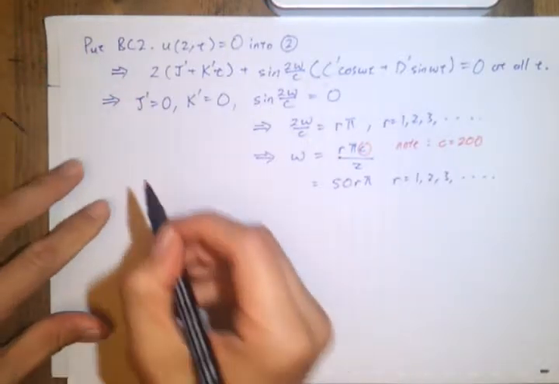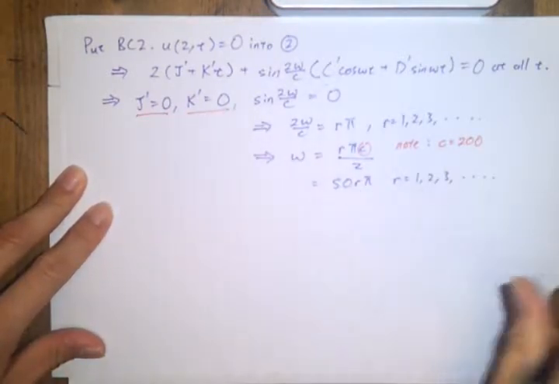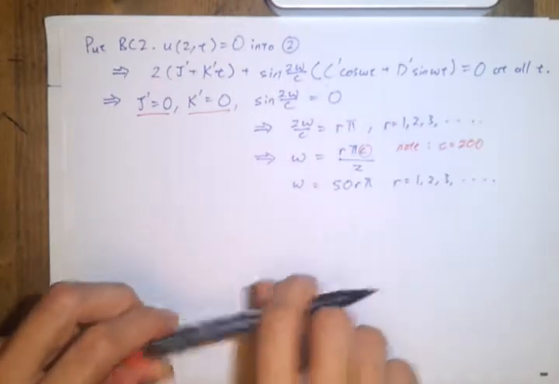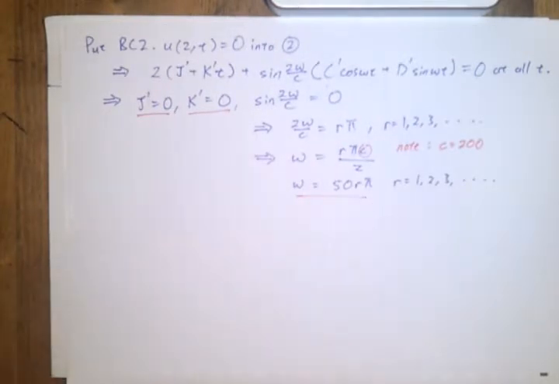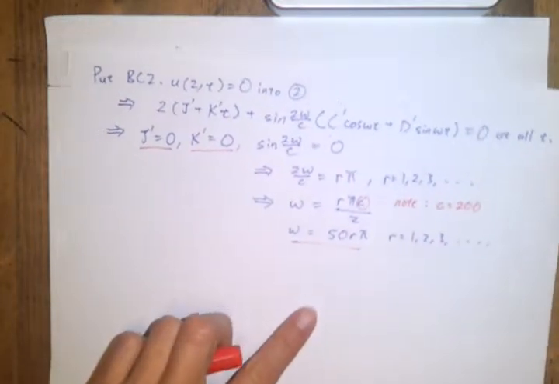So now I know this is 0, this is 0, and my omega is equal to this. I'm going to put all this back into my solution, which is my equation 2.